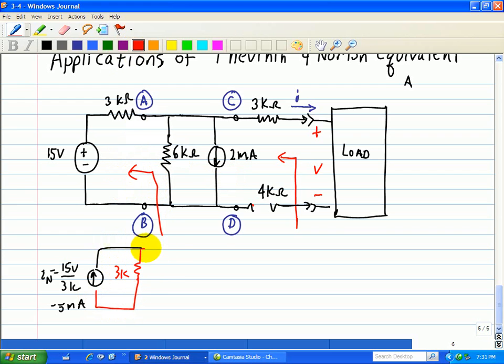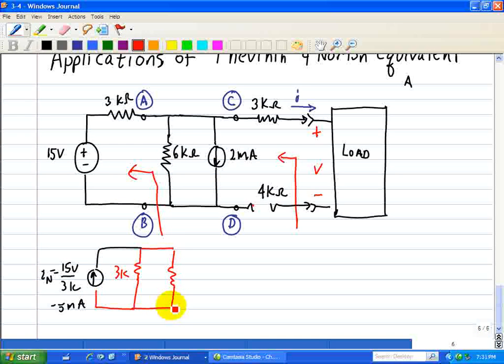But we note that this 3K is in parallel with the 6K, and we can add up the currents that are in opposite direction, between the 2 milliamp and the 5 milliamp current source.